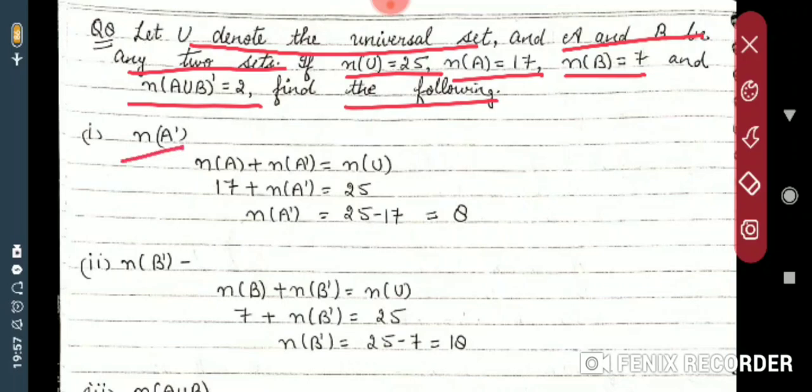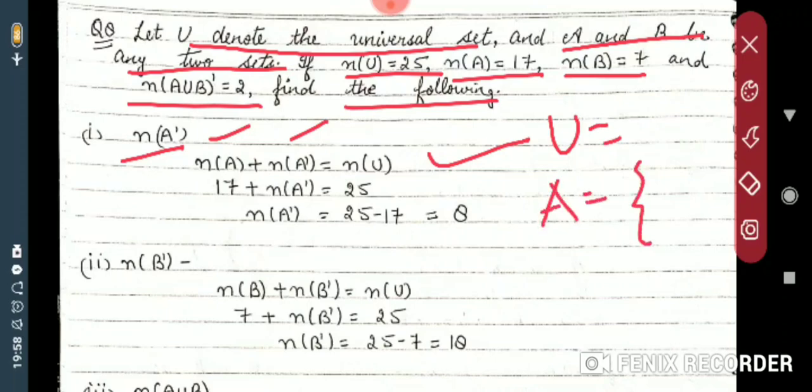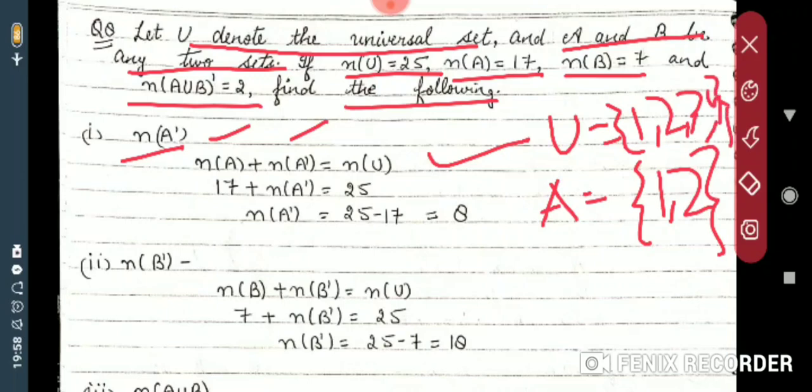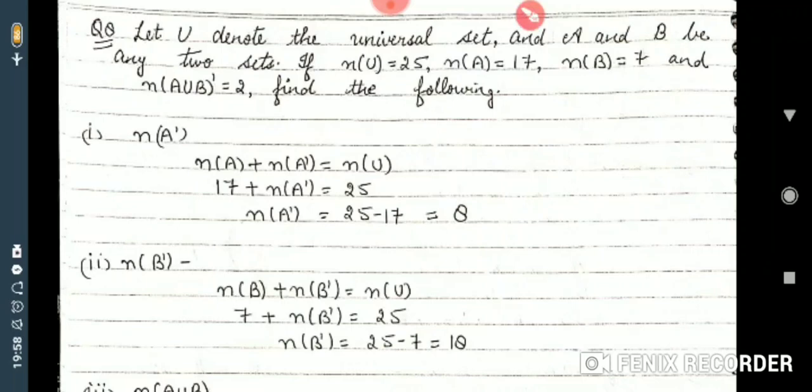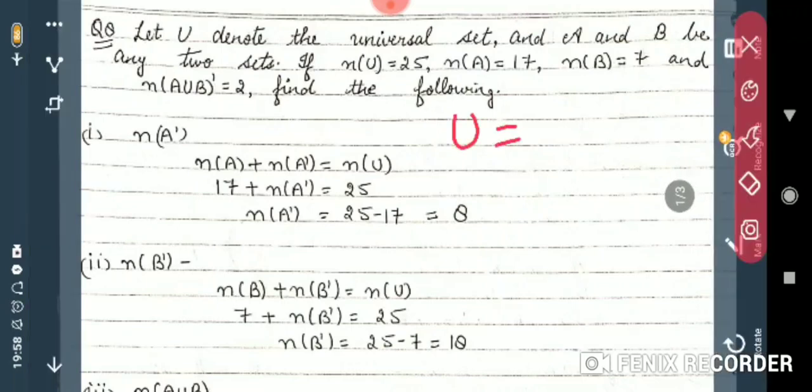First, n(A complement). As you know very well, n(A) plus n(A complement) equals n(U). Now the question arises, why does the sum of these both equal n(U)? The universal set consists of all the elements. For example, universal has the elements 1, 2, 3 and 4.